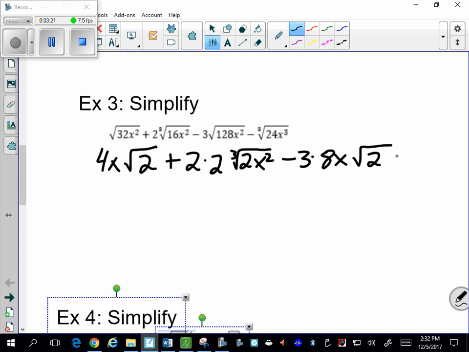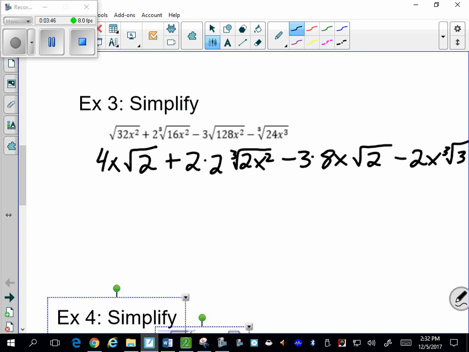And then subtract cube root of 24x cubed. The biggest perfect cube that divides out of 24 is 8, and the cube root of 8 is 2. And the cube root of x to the third is x. What's left over is a 3 from the 8 times 3 is 24.